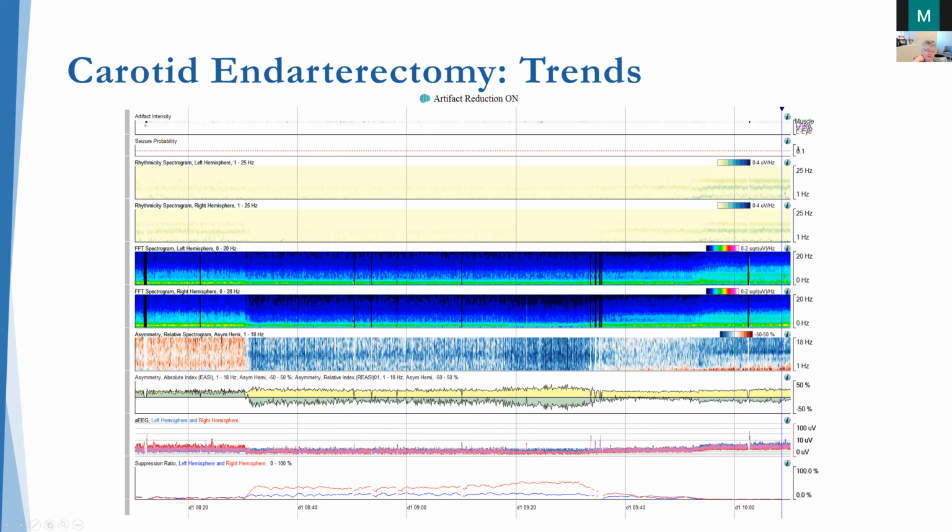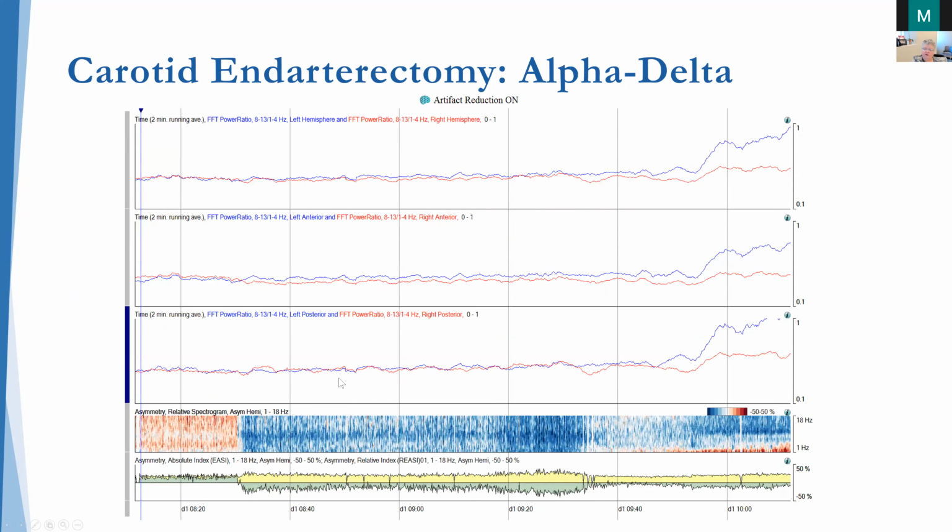So this is clearly much more noticeable than the subtle EEG changes in the raw EEG. We can also pick up these same changes using an alpha delta ratio. So this is the ratio of activity in the 8 to 13 hertz band versus that in the 1 to 14 hertz band.